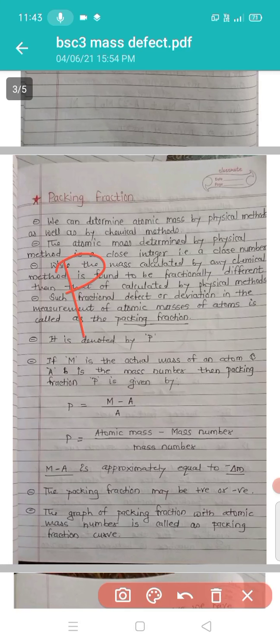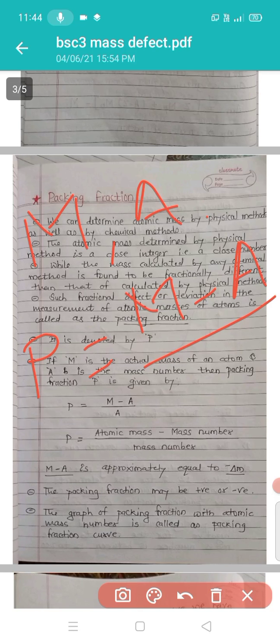If m be the actual mass of an atom and A be the mass number, then the packing fraction is given as P is equal to (M minus A) upon A, that is, the actual atomic mass minus the mass number, divided by the mass number.